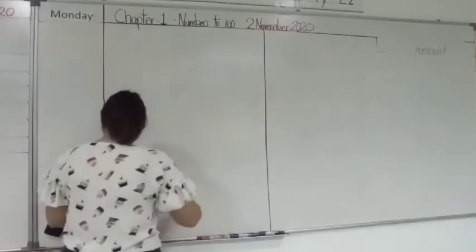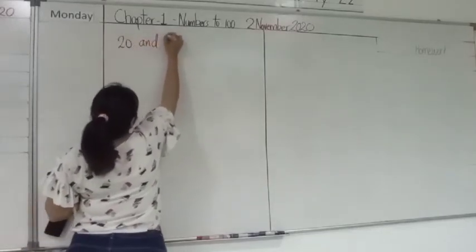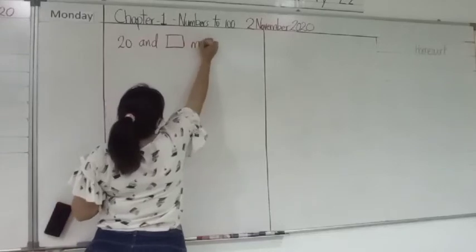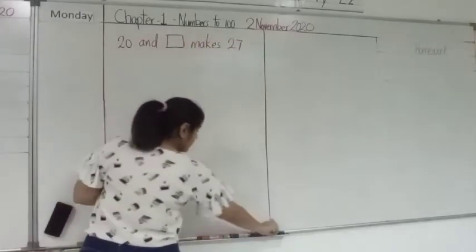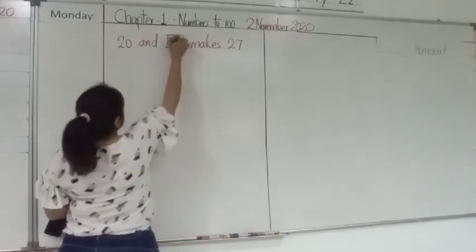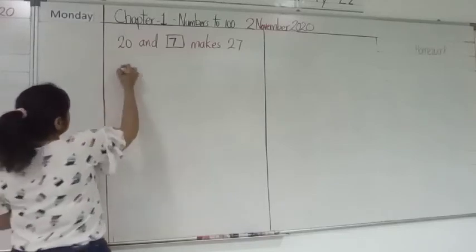So what are you going to write? 20 and 7 makes 27. Correct. Then next, 27. What is 27?